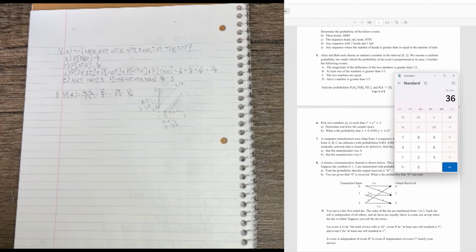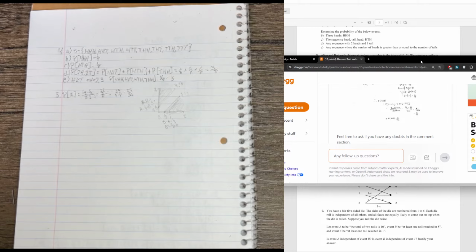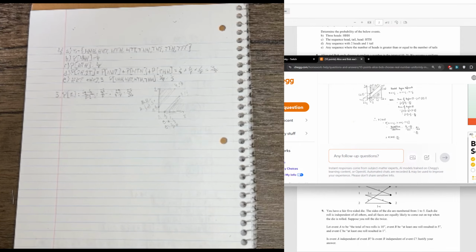And what did they get on here? Not what I got, huh? Is it different for the top and bottom? I didn't think so. I thought it would be just the same. What the heck?